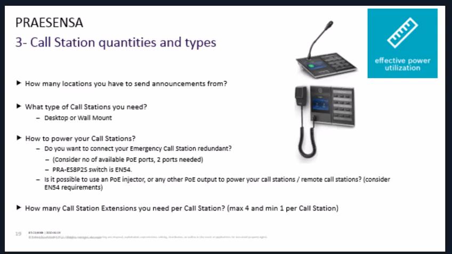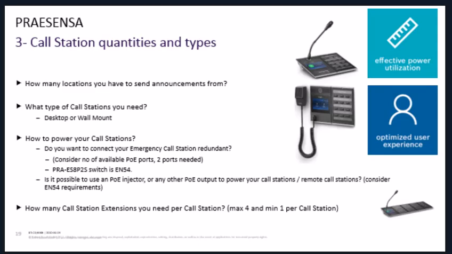And the maximum number is 4. Like in this picture, the small picture you see on the right bottom, you can add 4 extensions per call station. And of course, the buttons are configurable, so you can create different scenarios, or you can just assign a button to a loudspeaker zone for the basic functions.